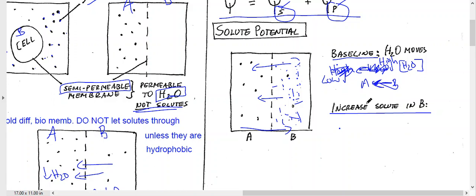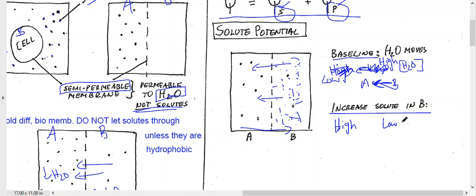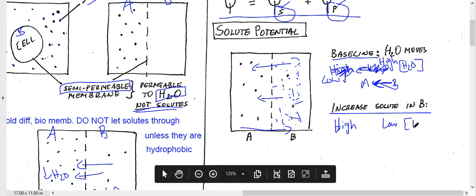So that arrow should point to side A. And then when we increase the solute in side B, now all of a sudden we have higher water concentration on side A. We have lower water concentration on side B. So now water is going to move from side A to side B. Remember, the solutes do not move, but the water does.